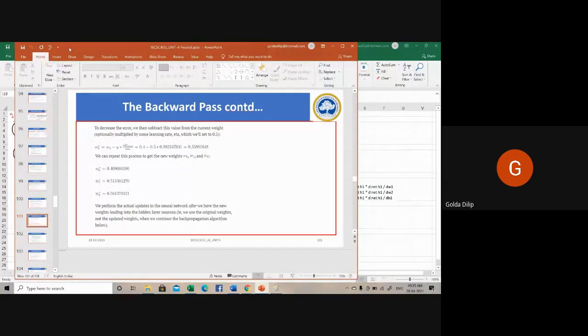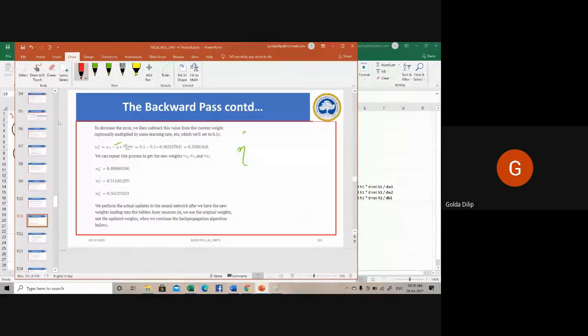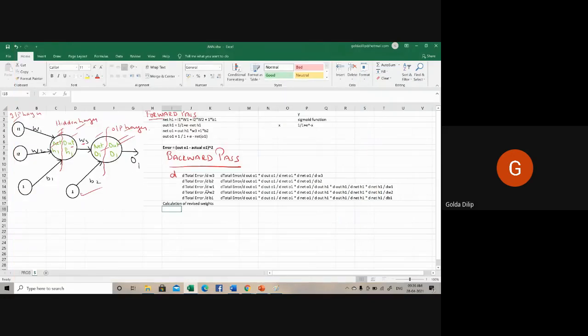You can see here, this is eta, n with a tail. It is the learning rate. This is again a value between 0 and 1. In many problems we standardly take it as 0.5 or so. So you take the old weight and subtract from it eta, the learning rate, multiplied by the gradient.